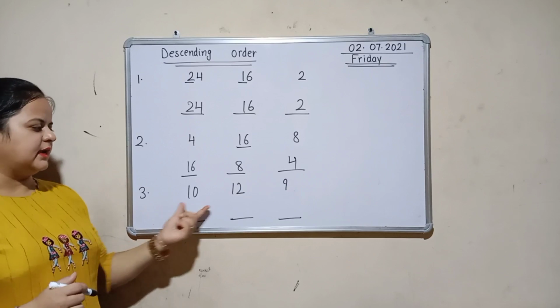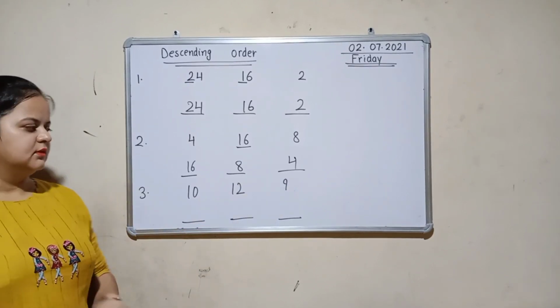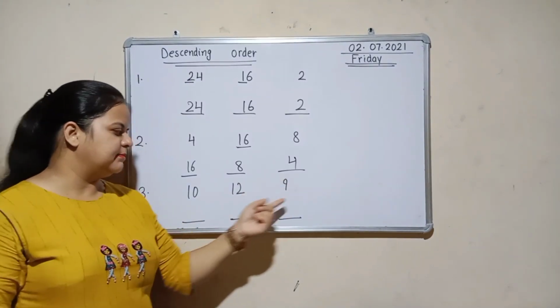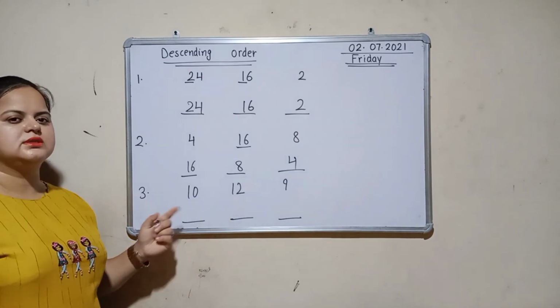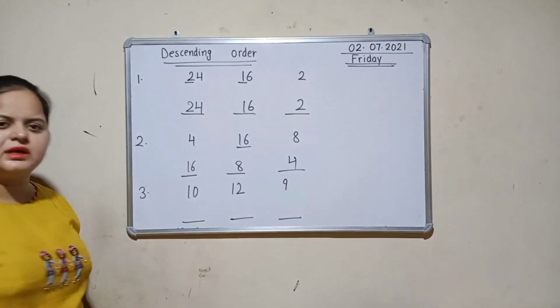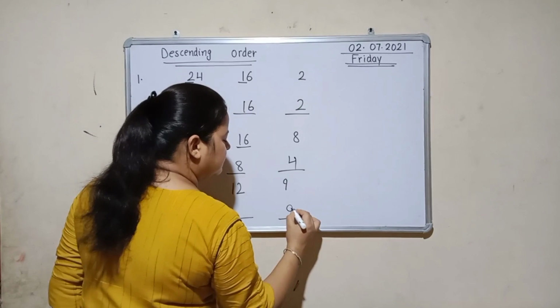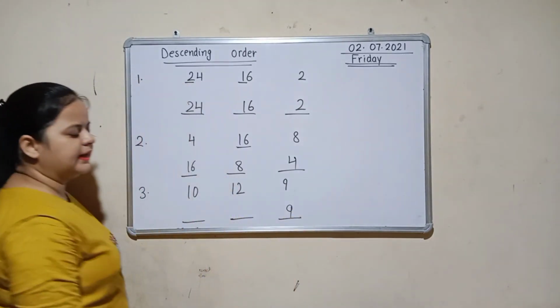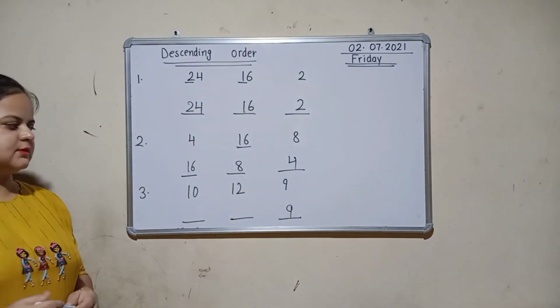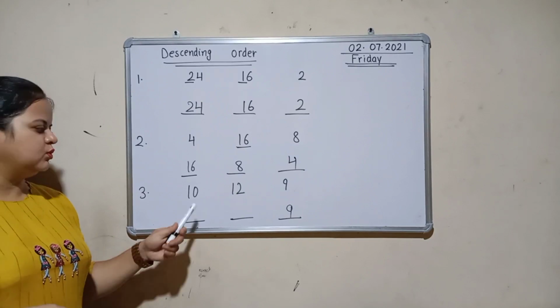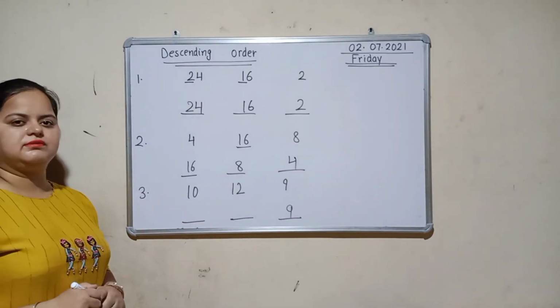16, 8, 4. This is descending order. Okay, next is 10, 12 and 9. Here 9 is a 1-digit number and these two are 2-digit numbers. So 9 is smallest. We will write 9 in the last. Now here we have two numbers 10 and 12.